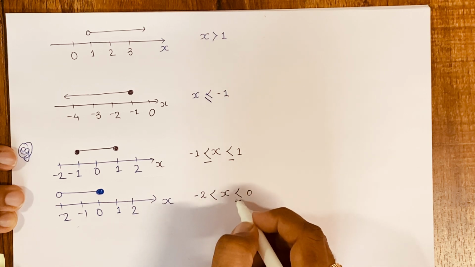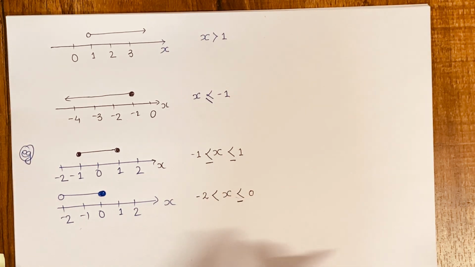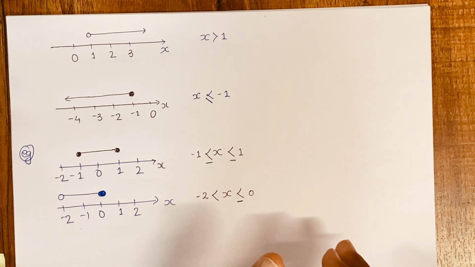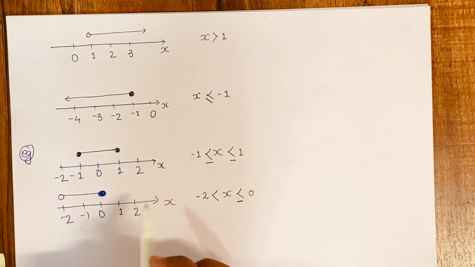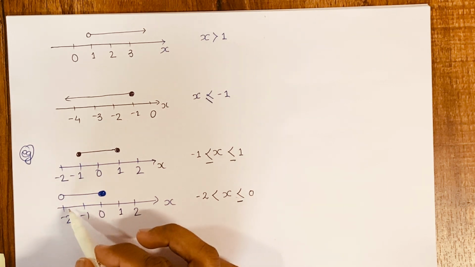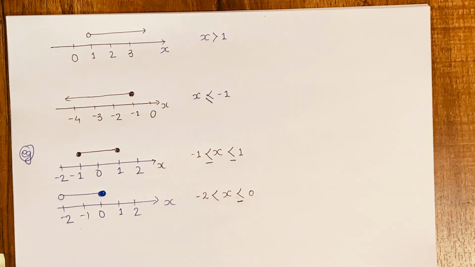Okay, you can write equals to like this, or you can write a slant line, whatever suits you. Okay, both are correct. So this is an example where a finite value of x is going to come from -2 to 0, not including -2 but including 0. Hope this makes sense.